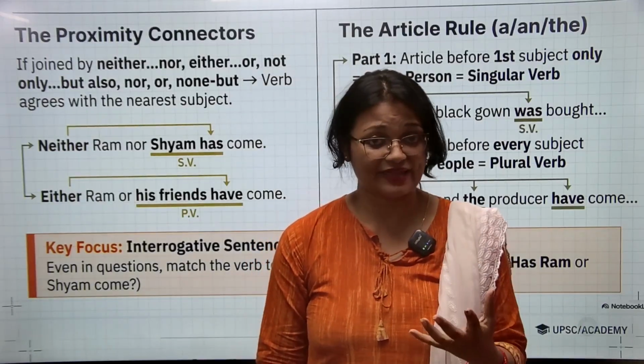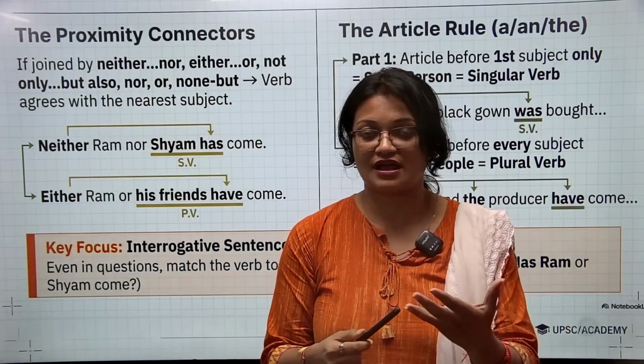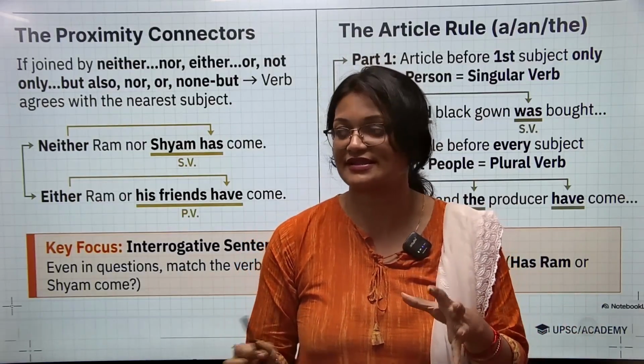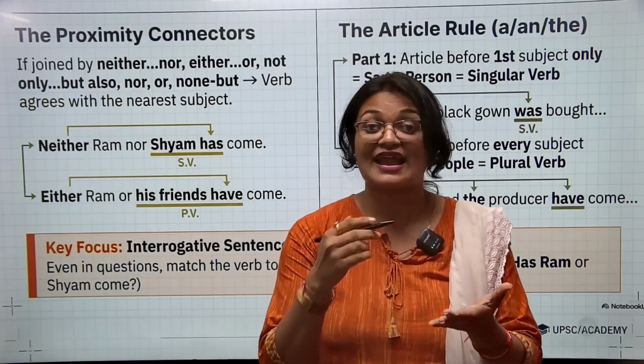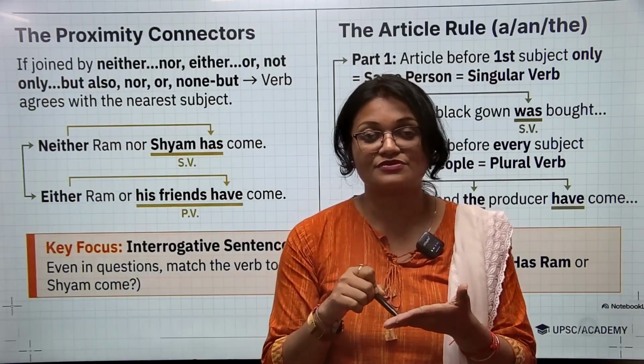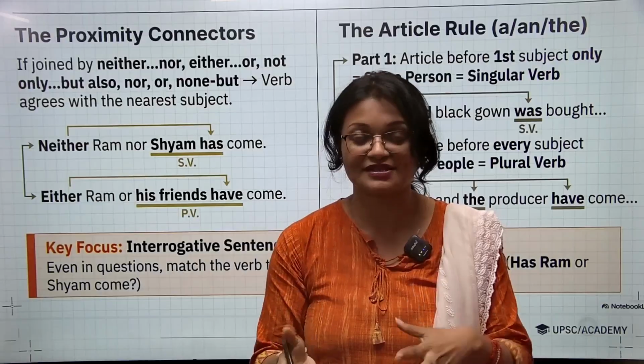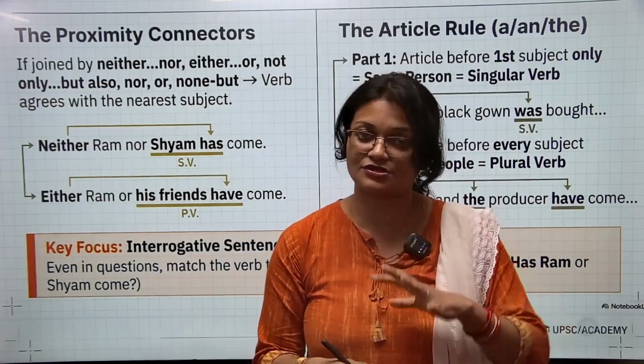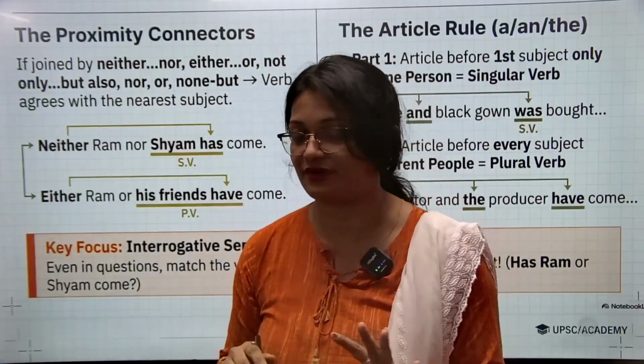Otherwise, I can also say, have his friends or Ram arrived? So do remember, if it's an interrogative sentence with has, then you use a singular subject. If it's have, use a plural subject. The same rule applies to interrogative sentences too, right?